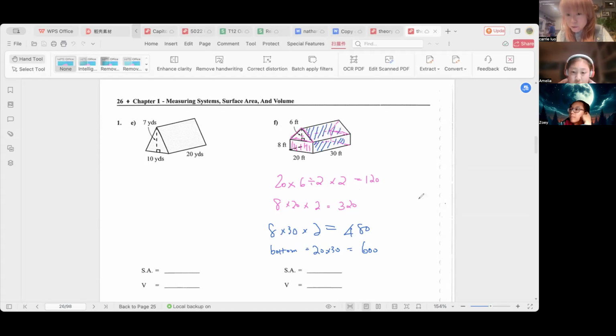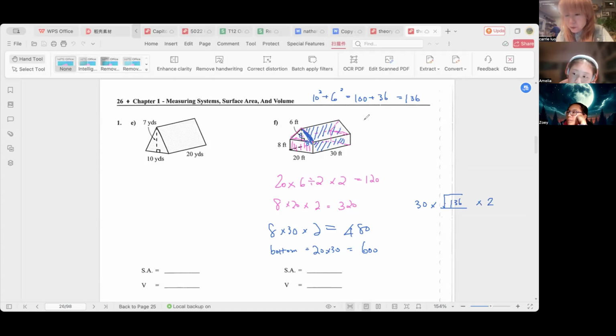So what is the area of this one? 30 times something, but we don't know this one. Again, this one equals 10, this one equals 6. So 10 squared plus 6 squared equals what? 100 plus 36 equals 136. Oh, yeah, correct. So it's 30 times square root 136 times 2.